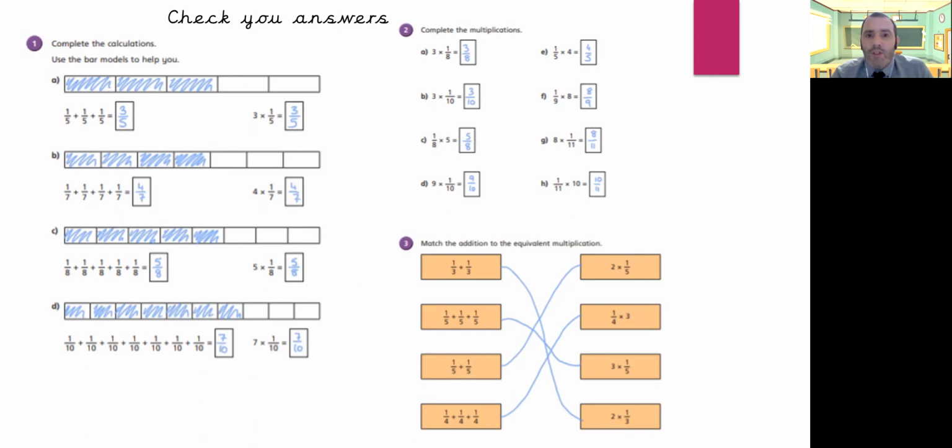2A, 3/8. B was 3/10, C 5/8, D 9/10, E 4/5, F 8/9, G 8/11, and H 10/11. Check your answers for matching the addition to the equivalent multiplication, and then when you're ready, we'll move on.